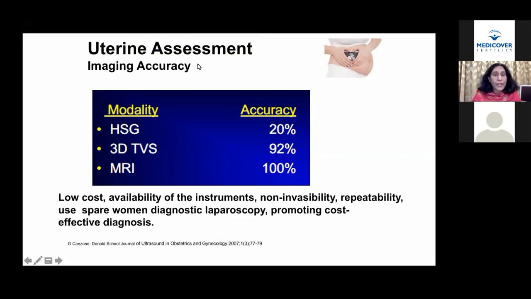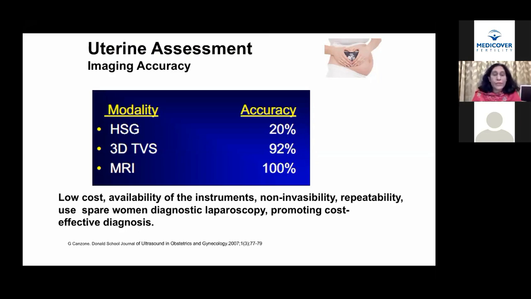Now, when we look into the uterus, we also have to rule out any abnormalities. One study has compared the diagnostic accuracy of different imaging modalities. For normal 2D ultrasound, it could be around 50 to 60%. HSG, where we fill the dye and take an X-ray, has about 20% sensitivity.